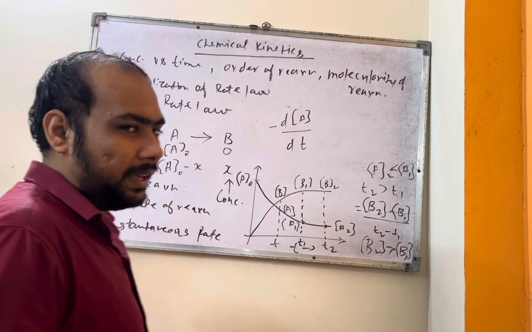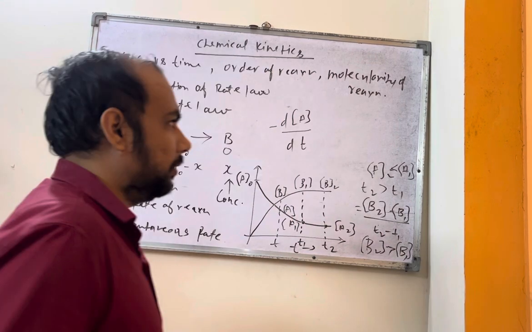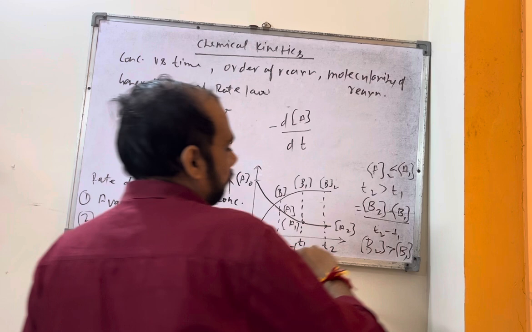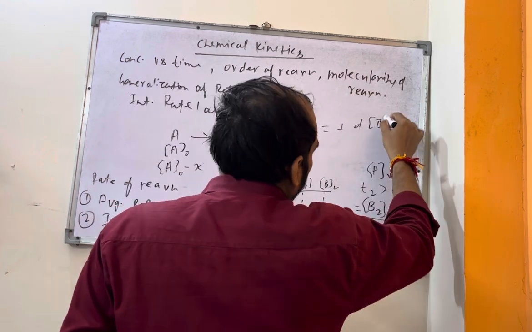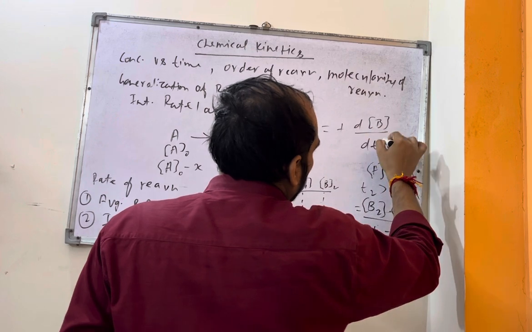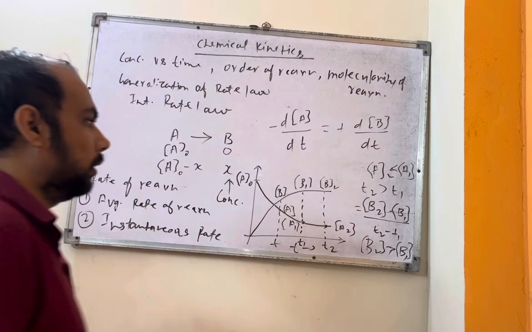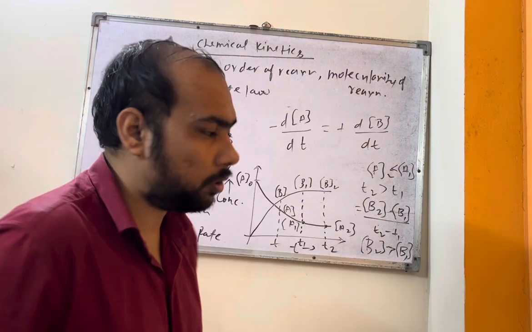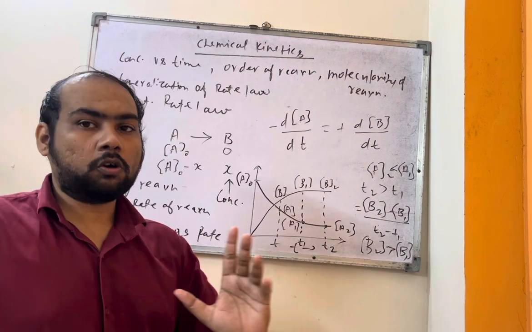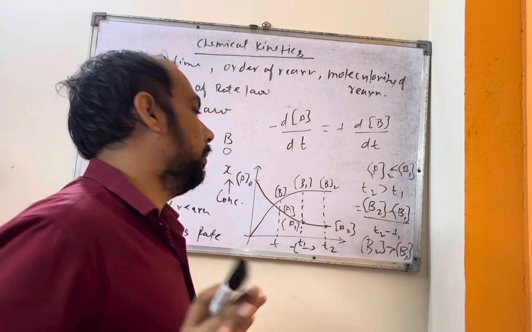Because A is decreasing. And in the case of B, it will be positive dB by dt. So the rate will be the same: the rate of disappearance of A and the rate of appearance of B will be the same.